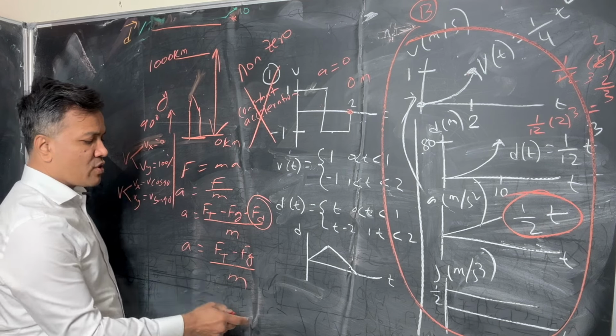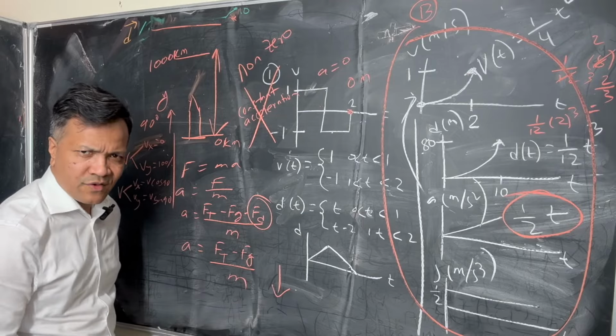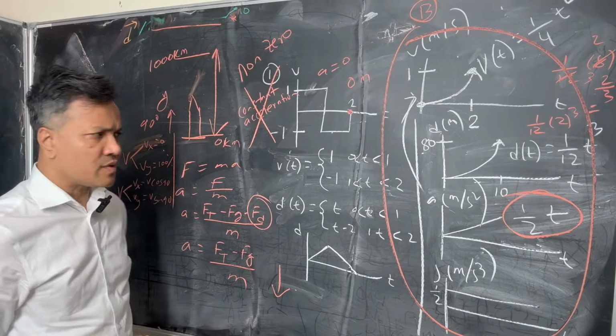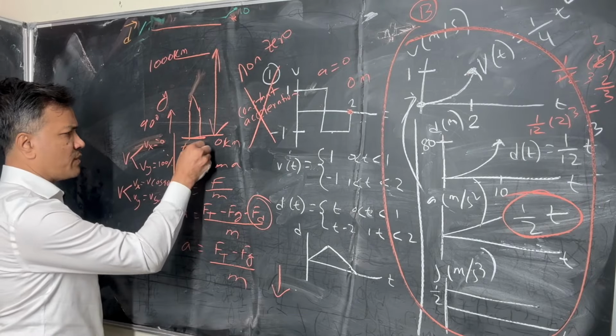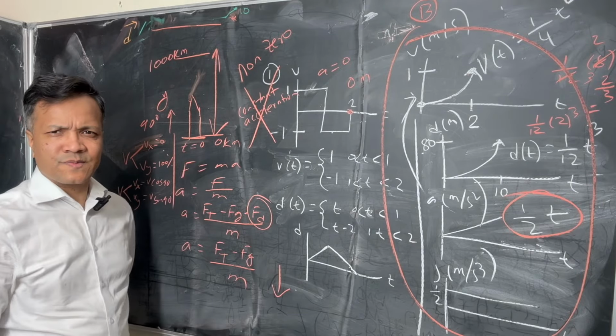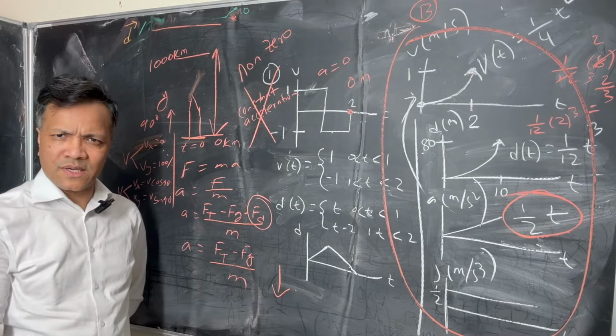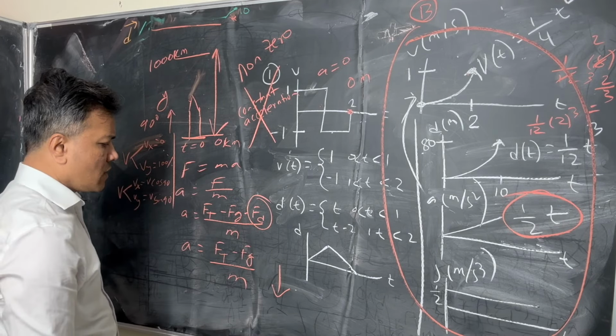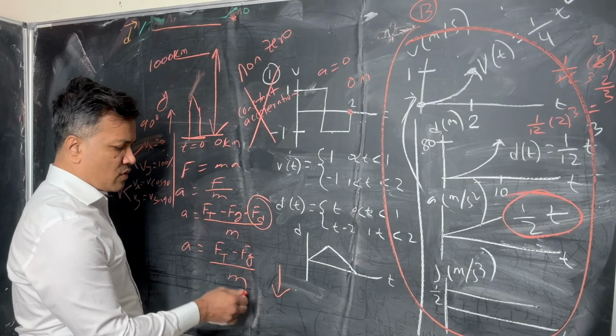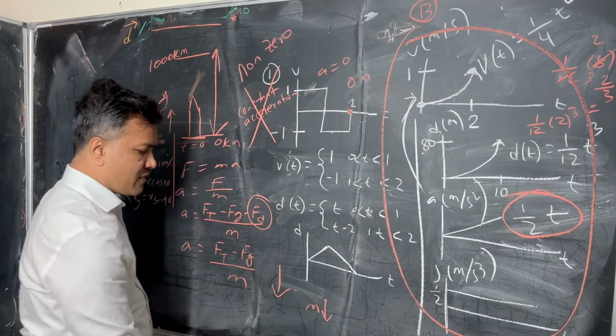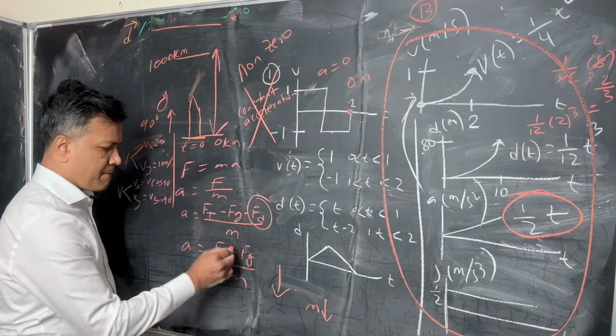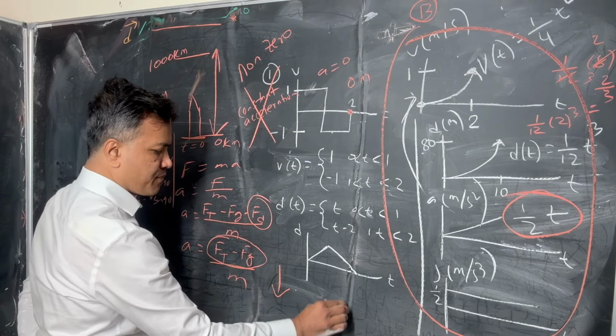However, the m goes down. Why? The fuel that the rocket has when t is equal to 0 is enormous. Most of the weight comes from the fuel. As the rocket burns the fuel, m goes down. If m goes down, what happens? This goes up.